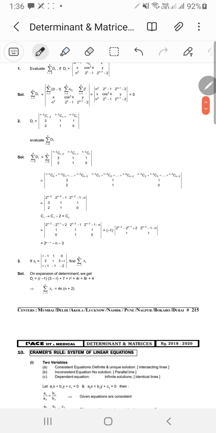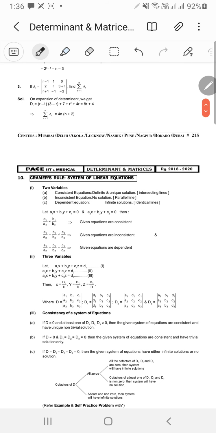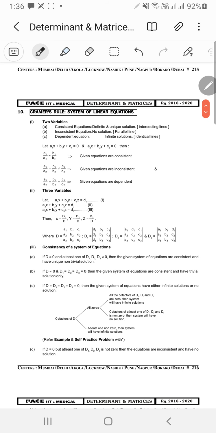Okay, examples. Cramer's rule, system of linear equations. Consistent equation, definite and unique solution, intersecting lines. Inconsistent equation, no solution. A1, A2 is not equal to B1, consistent.